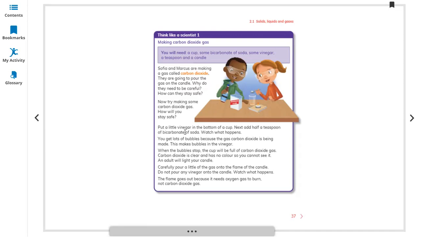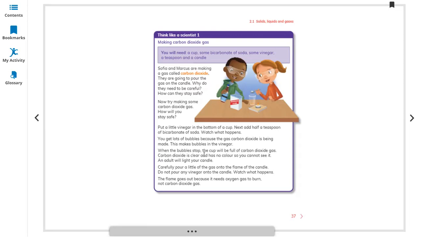Okay, let's start. Pour a little vinegar in the bottom of a cup. Next, add half a teaspoon of bicarbonate of soda. Then watch what happens. You get lots of bubbles because the gas carbon dioxide is being made. This makes bubbles in the vinegar. When the bubbles stop, the cup will be full of carbon dioxide gas.